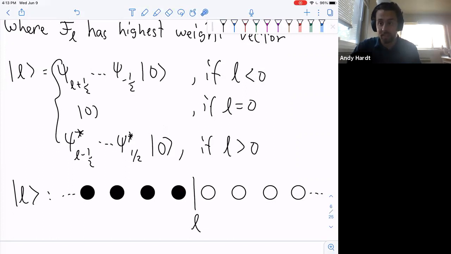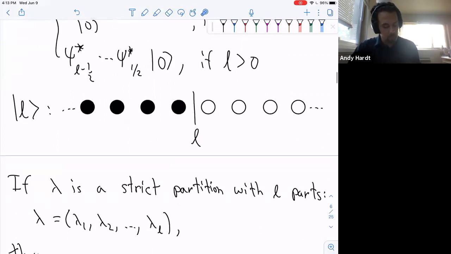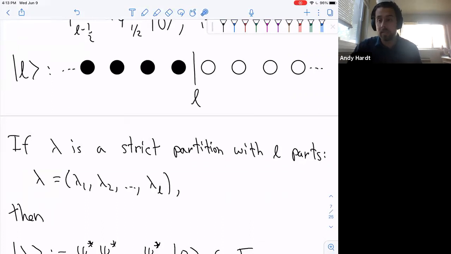They're all isomorphic. All you have to do is shift your 0 point left or right. But it does matter, because we do stay inside an F_L when we're applying these group-like elements as operators.